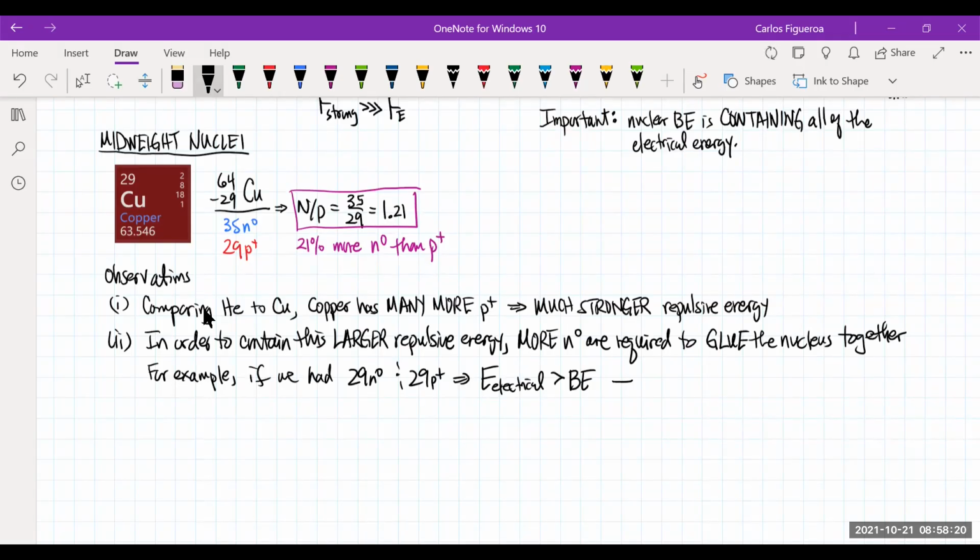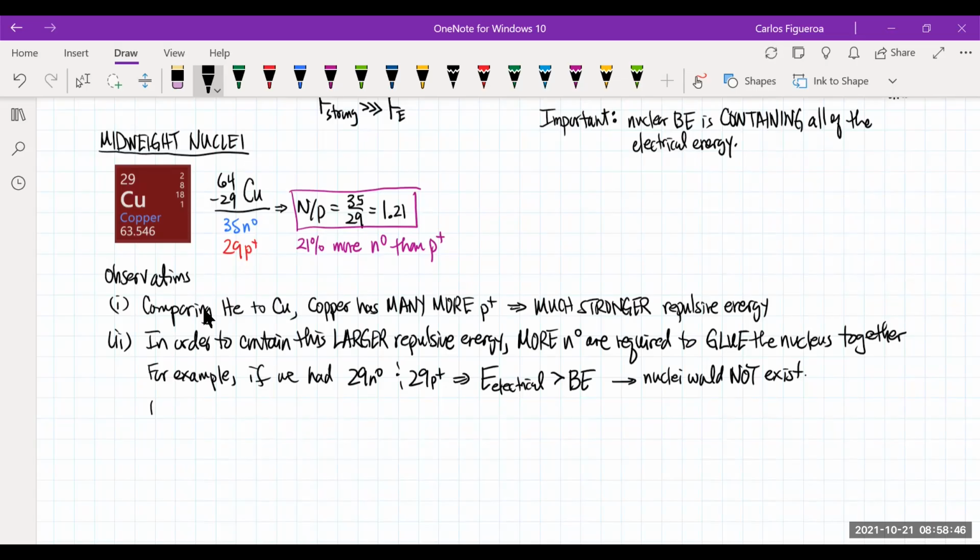And so what this tells us is that the nuclei would not exist. You need more neutrons. So by adding more neutrons, it's now stable.